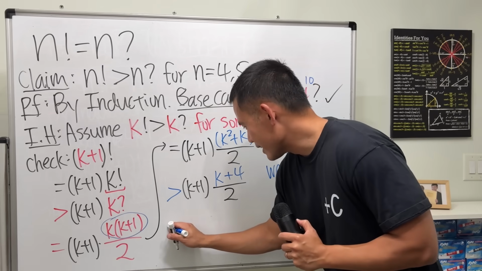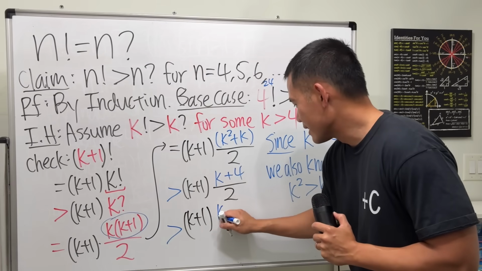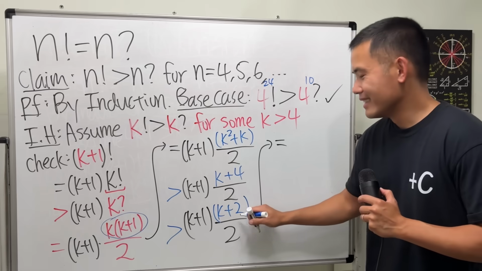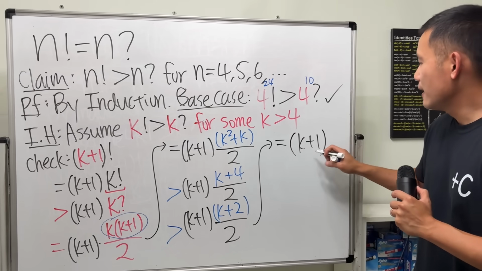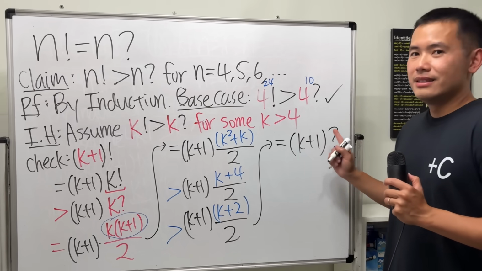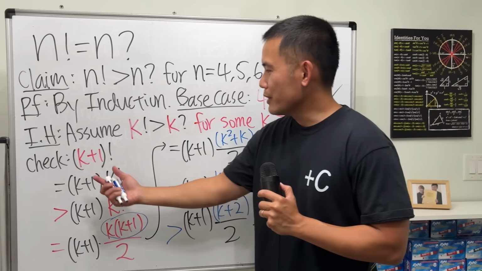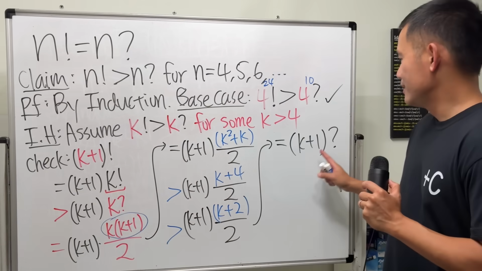So once again, I will say that's greater than (k plus 1) times (k plus 2) over 2. That is exactly (k plus 1) terminal. So as you can see, we have shown that (k plus 1) factorial is indeed greater than this.